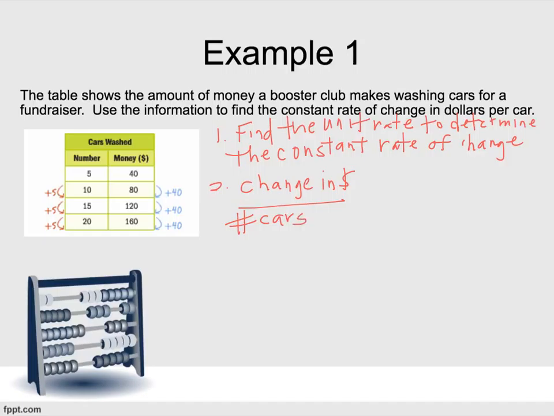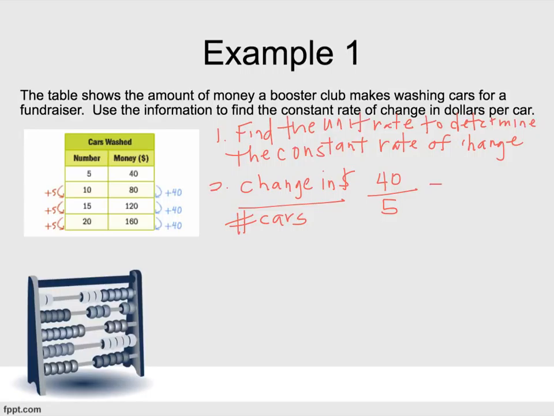If we look at our table, we see that the change in money is $40 and the change in the number of cars is 5. The money earned increases by $40 for every 5 cars.